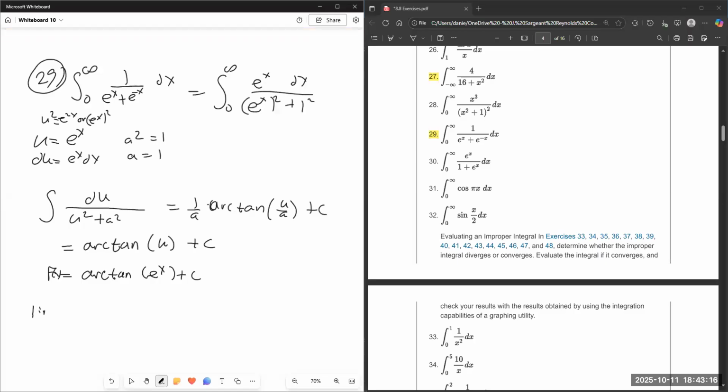So this will be limit as b goes to infinity of arctangent of e to the x from 0 to b.